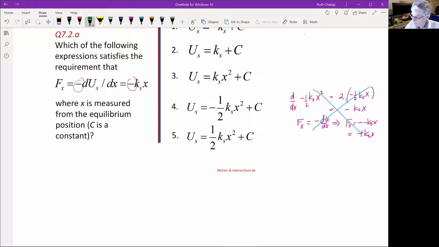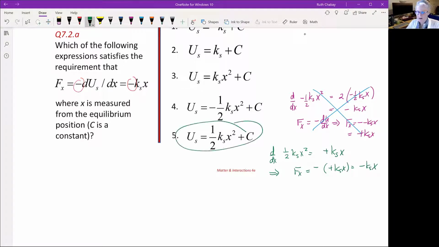But it would work if it was positive. So the derivative of a half k sub s x squared is going to be equal to plus k sub s x, which means that F of x is minus k sub s x. So in fact it's that equation.